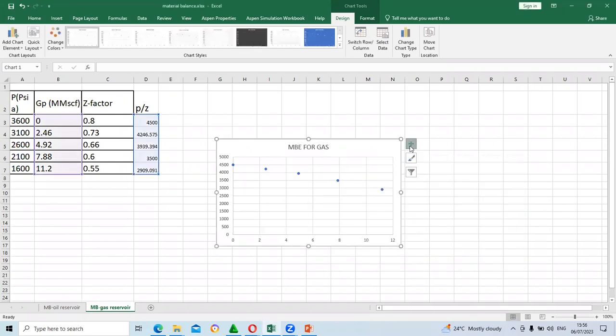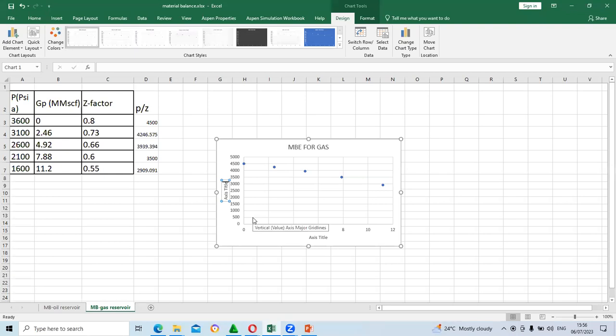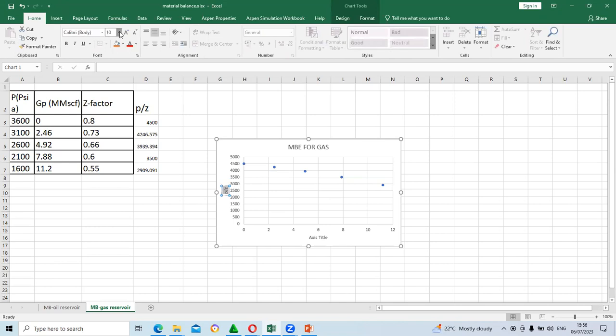So I may now add my axis title. So this axis we have P divided by Z. We could increase the size. And on this axis we have gas produced.